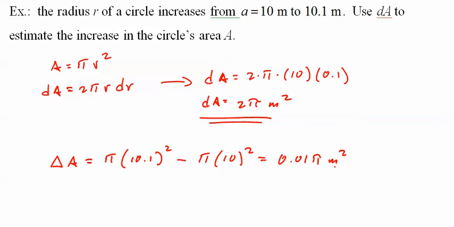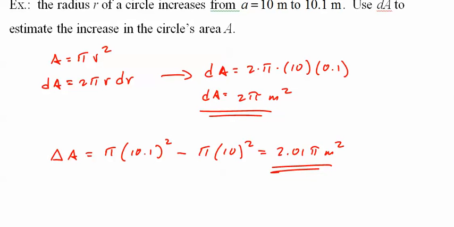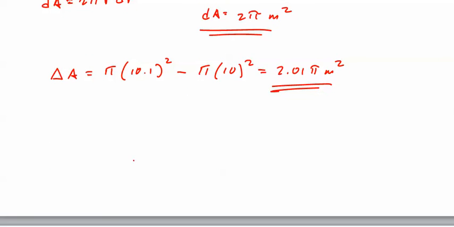Pardon me. I have to put this in and blast it out. 2.01 pi meters squared. Estimate about 2 pi. Actual about 2.01 pi. The difference, what we call the error, and again we were just approximating, 0.01 pi meters squared.